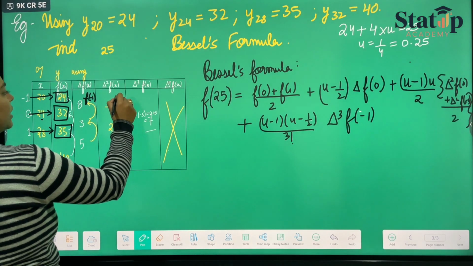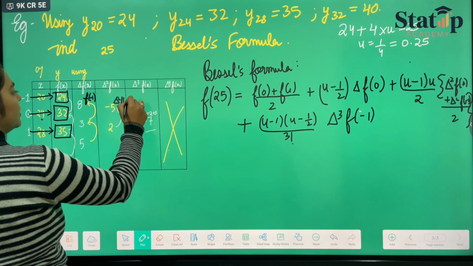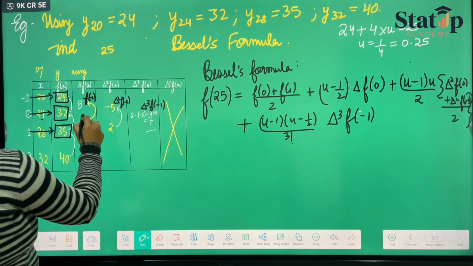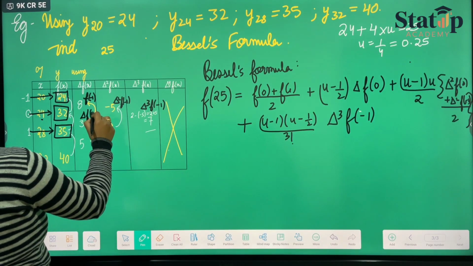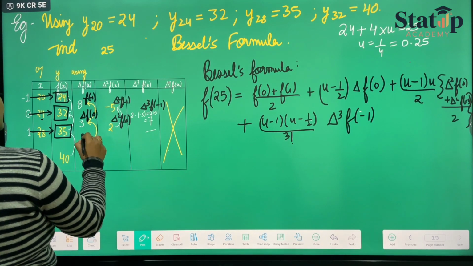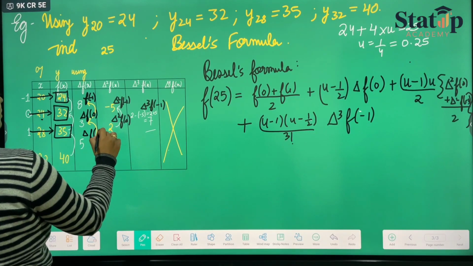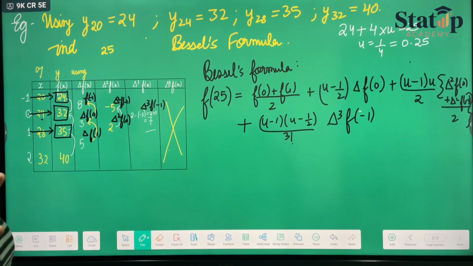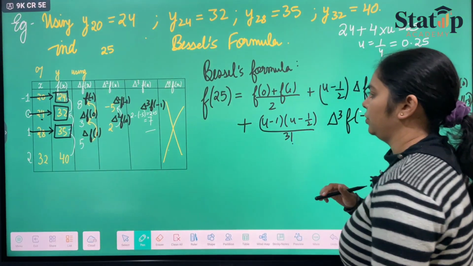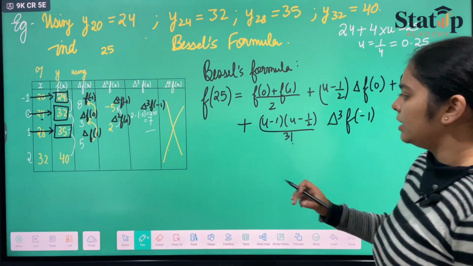This is delta square of f minus 1, and it is delta cube of f minus 1. Then this is delta of f0, delta square of f0, and this is delta of f1. This I have told you earlier in Stirling's method as well. Here also I'm telling you. I'm just putting the values here.